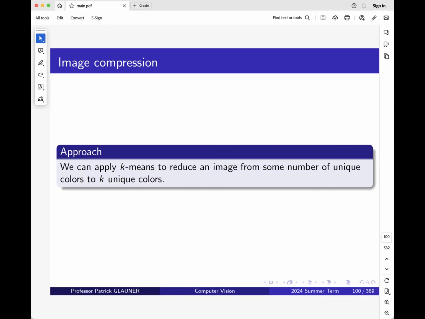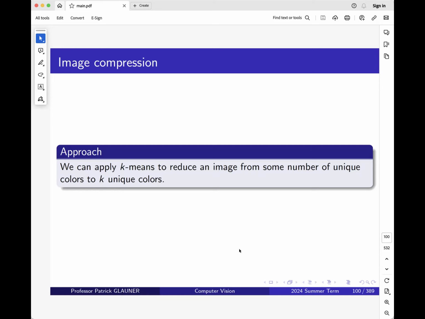So it would be a compression in terms of the number of unique colors. And it could actually lead to a massive reduction in memory if we can efficiently just store a reference to our color map. And we just have a couple of unique colors rather than 10,000 or 50,000, whatever.